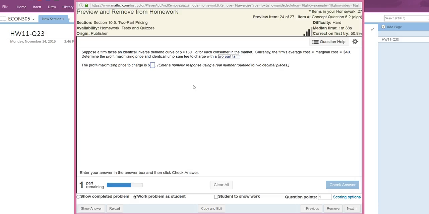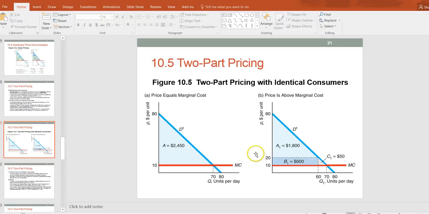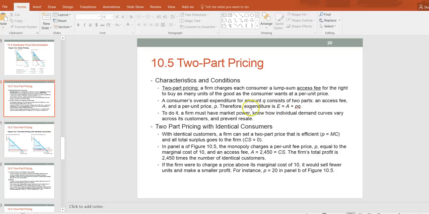As we learned in chapter 10, the price the monopoly charges should be equal to the marginal cost, and the access fee, the lump sum fee, should be equal to the consumer surplus. You can check that in my lecture slides.